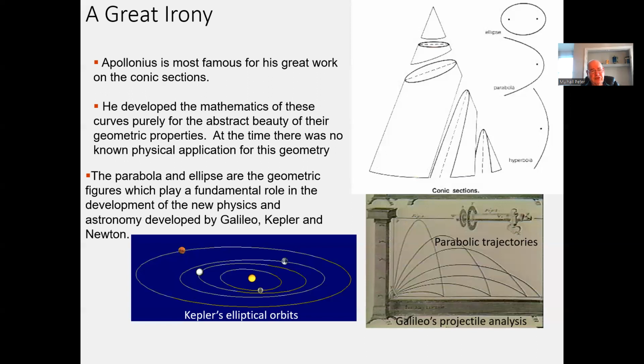Galileo was the first one to prove that a natural motion has a mathematical description like this. He showed that the projectile moves in a parabola. So these were the curves of the scientific revolution that Apollonius gave us 2,000 years ago. Okay? But the Greeks made no use of this. This was done as pure mathematics. There were no applications for these curves in Apollonius's time. Okay?